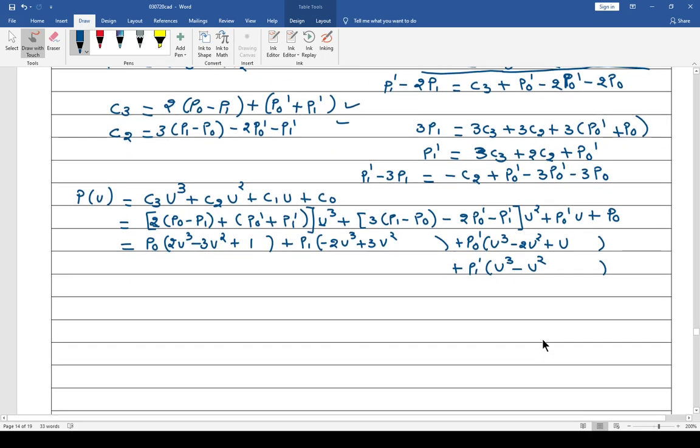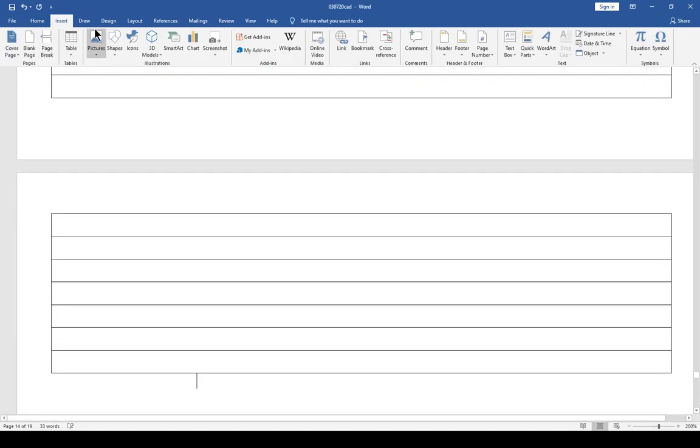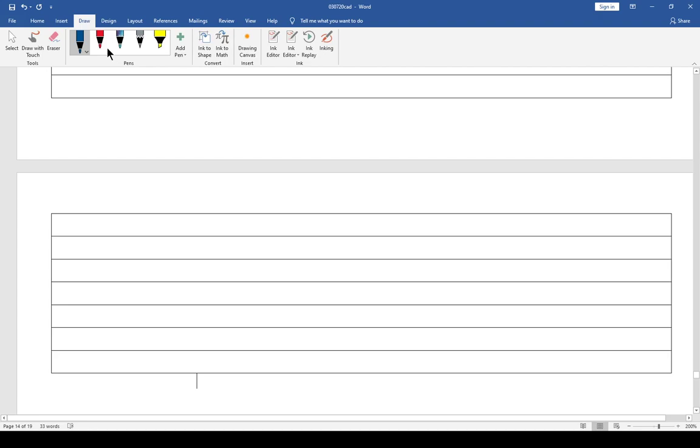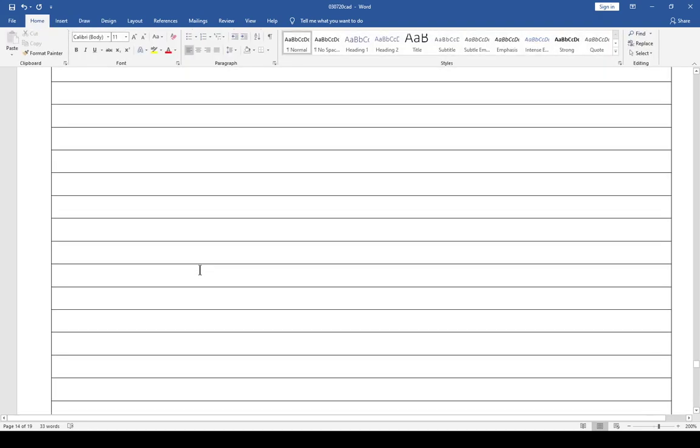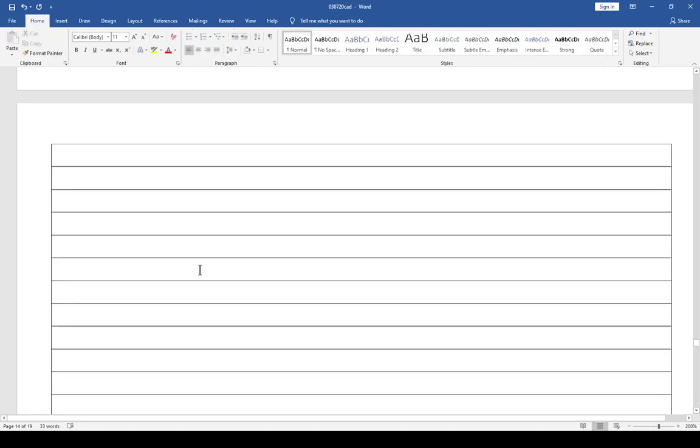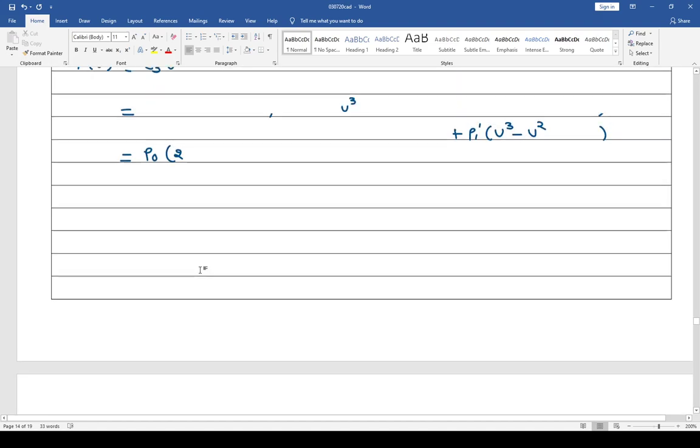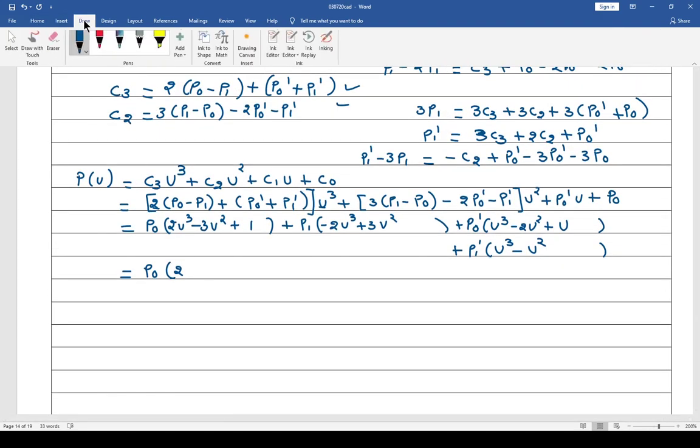So I just rewrite it again, so it will have a better feel now. Rather than drawing and erasing all the way up, I just write the coefficient first.